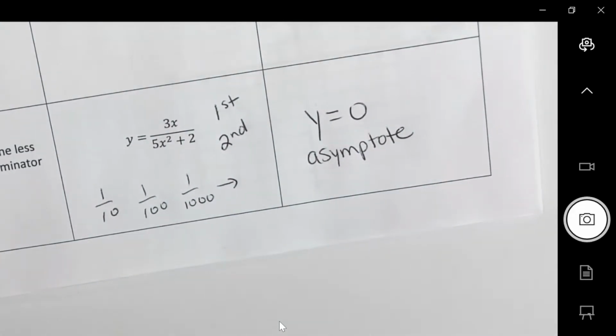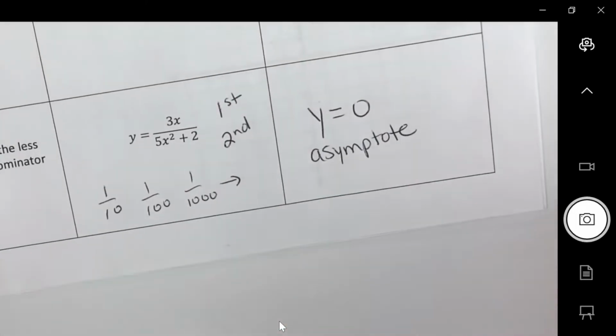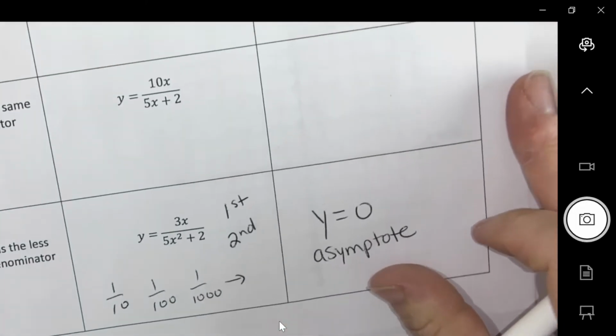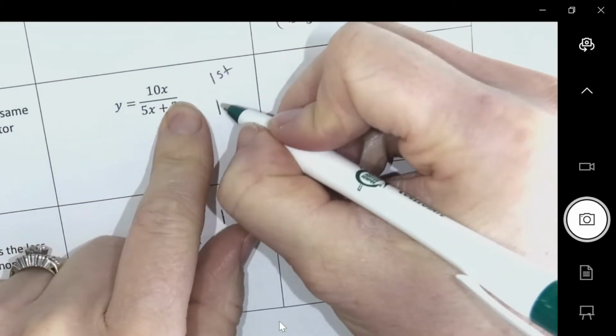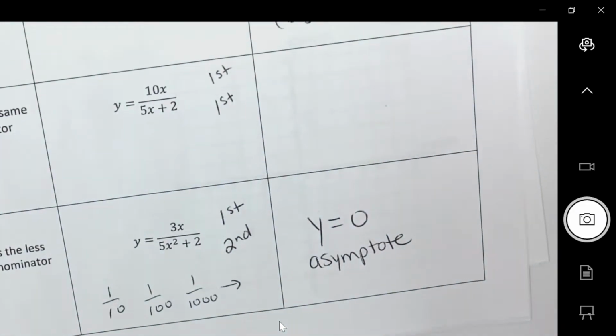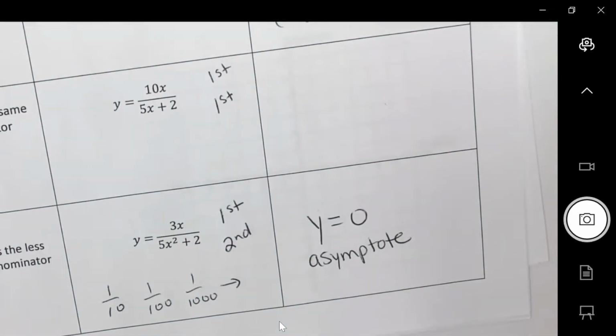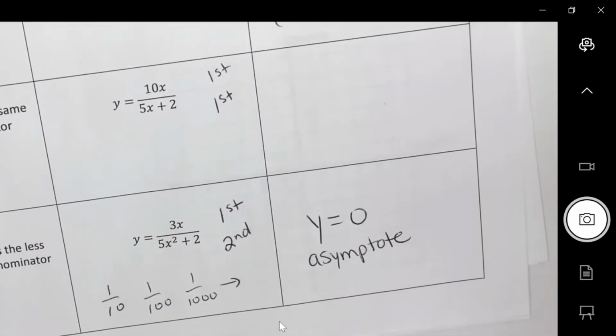We said if we are going to end up going closer to 0, that's an asymptote. Okay, and then this example, this is a first degree and this is a first degree. So they are changing at the same pace.